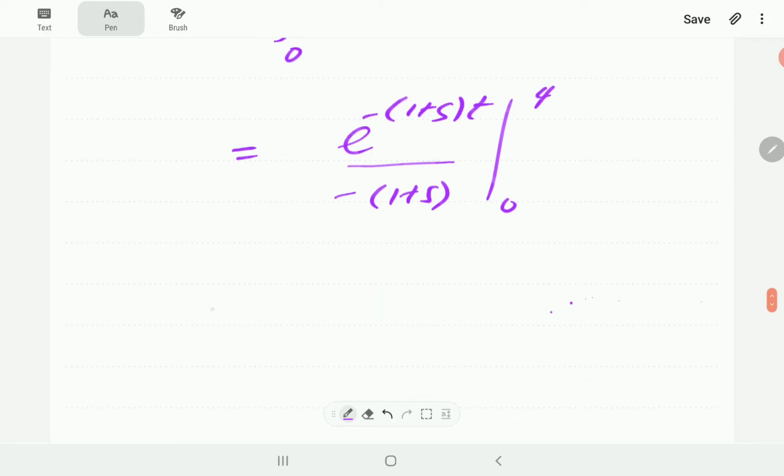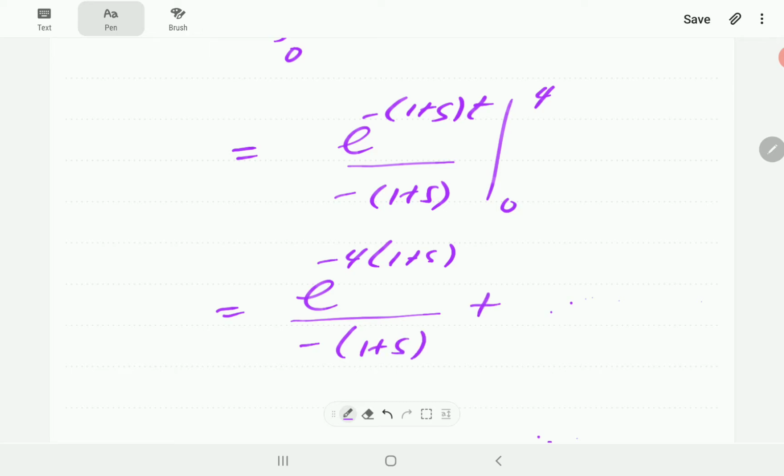Plugging 4 into this setup gives us e to the minus 4 into 1 plus s all over negative 1 plus s. Then for the lower limit, we're not going to get a plus, and the numerator is now going to be 1 because it's e to the power 0.